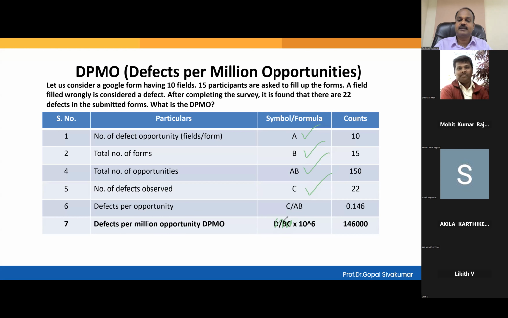This is something wrong. You found out correctly. I'm sorry for that. This C by AB, we are multiplying by 10 power 6 to get this. That's all. Very simple. This is a wrong formula. You're right. There is no D there. And I think some typo error. Correct. Okay. Perfect. Thank you so much. I'll correct that.